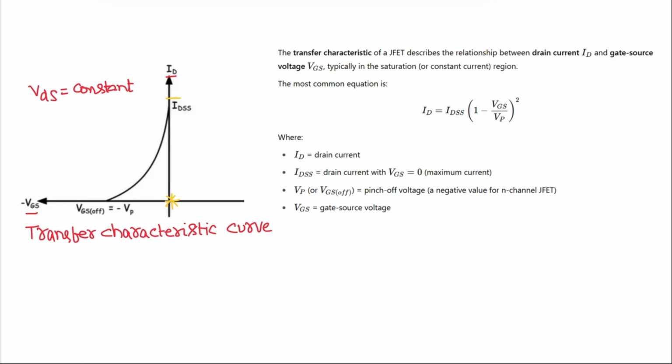At VGS is equal to minus VP, drain current is 0. Here drain current is IDSS. Here the drain current is 0 amperes. At midpoint, assuming this graph as a linear graph, the slope is minus VP by 2.